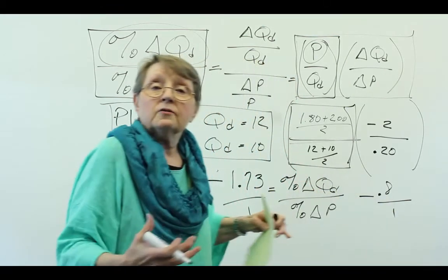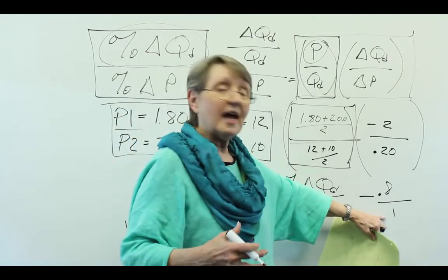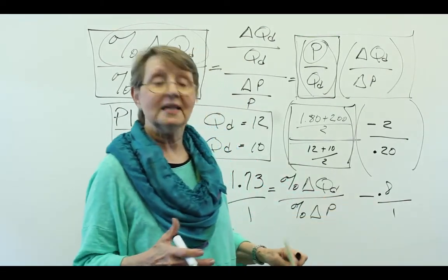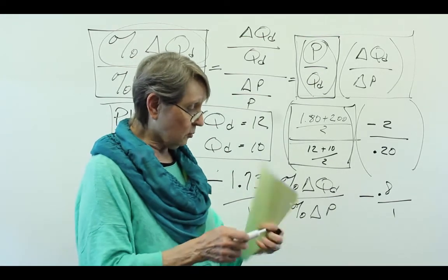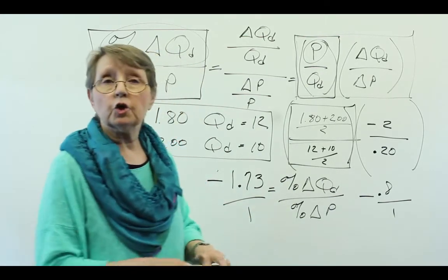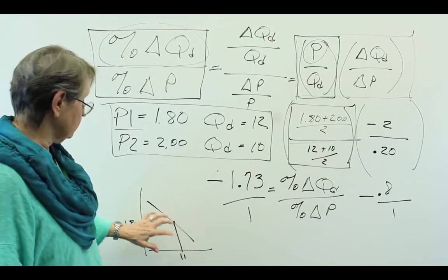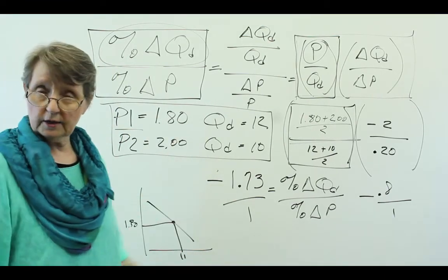So the response in quantity demanded would be less than the increase in price, and we would say that demand is relatively inelastic. And so that's the way that we measure price elasticity of demand, how responsive demand is to changes in price.